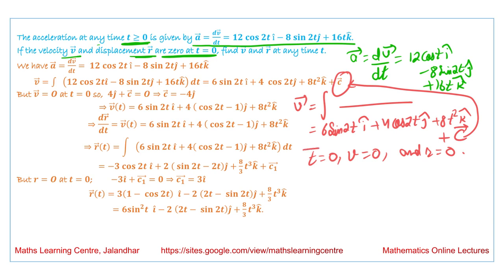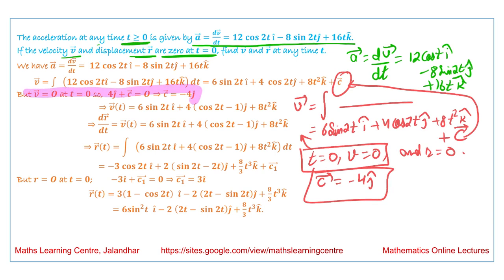So if we substitute this value over here, we obtain the value of c vector as minus 4 times j cap. These calculations you can see over here. When v is equal to 0 vector at t equal to 0, we get c vector as minus 4 times j cap.